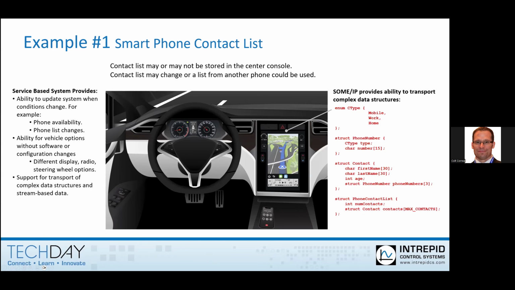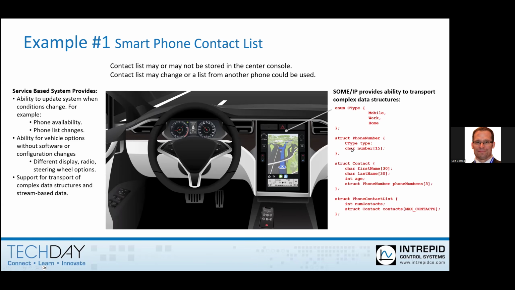So in this particular example, we're showing some of the complexity of the data that we can transfer over SOME/IP. It should be obvious that it's generally more complex data, a longer amount of data, more data in terms of bytes than what we would typically see on top of a controller area network or FlexRay network.